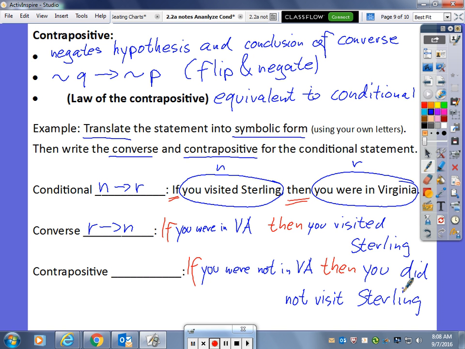In symbolic notation, therefore, we're going to write not R, arrow, not N.